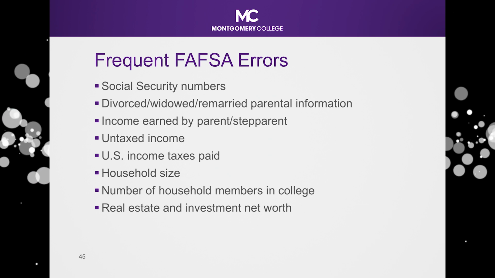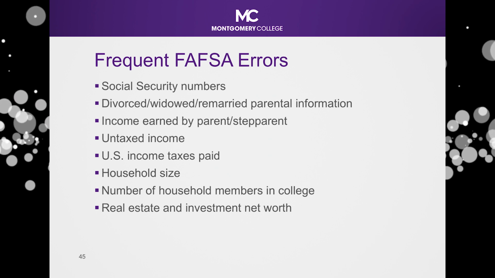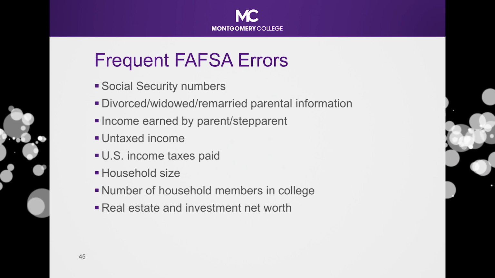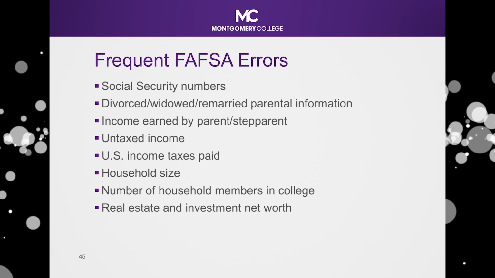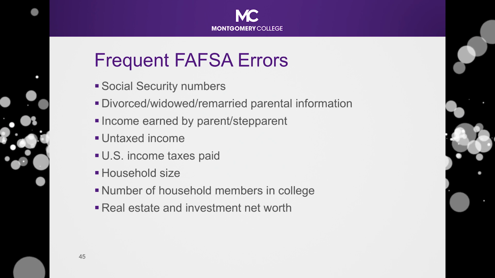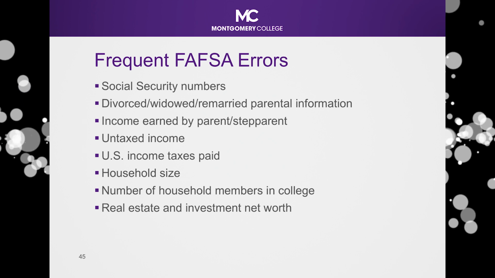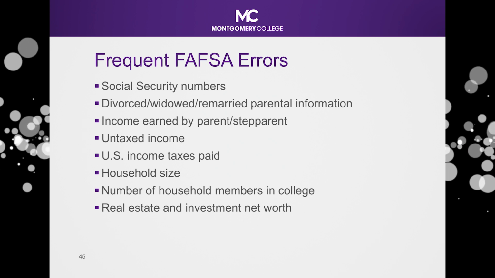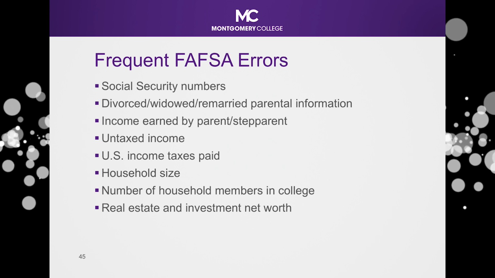So if there's a step-parent that's married to the parent, those are the parents they're talking about, not the natural parent who may be not the custodial parent. And it will give information about that too. And you check which one it is, because also it looks at this to figure out what kind of tax information you're giving.